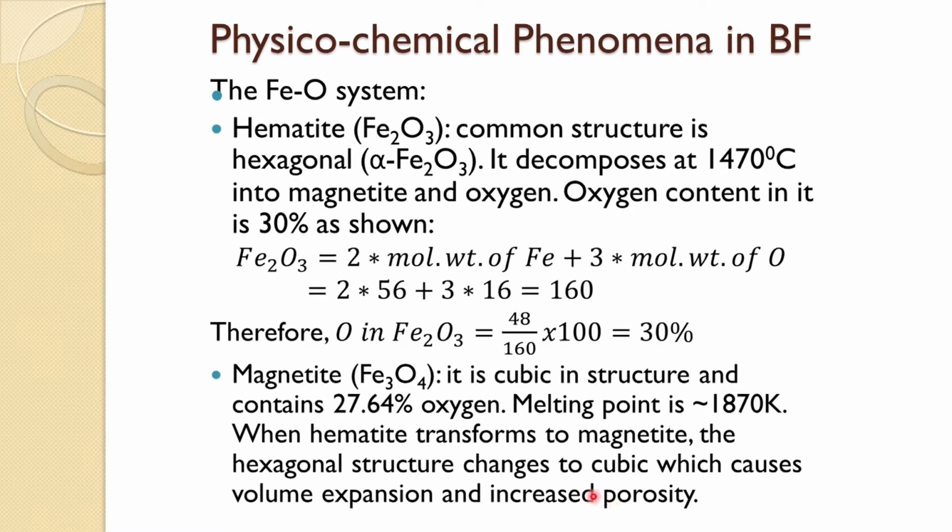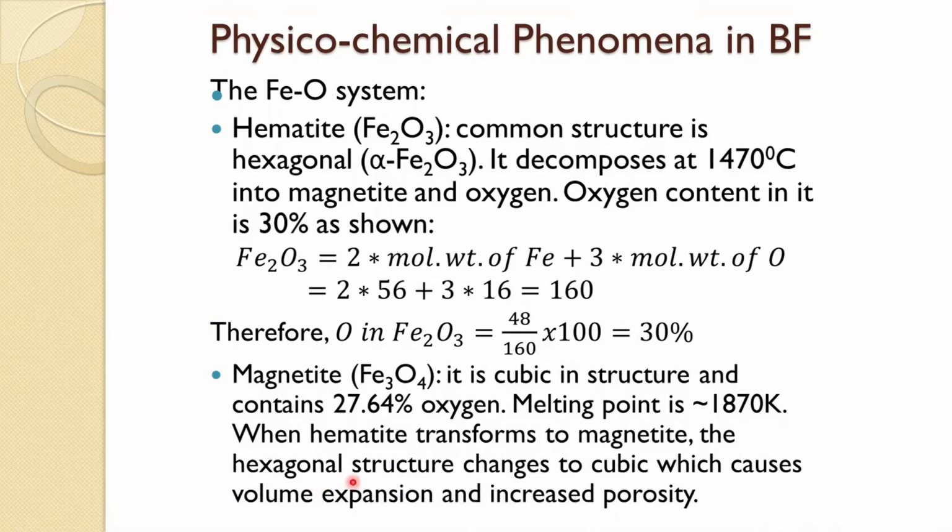This is the thing which leads to a little bit of expansion of the ore in the blast furnace. I think in the first few lectures we talked about swelling and other things, and this causes one of that.